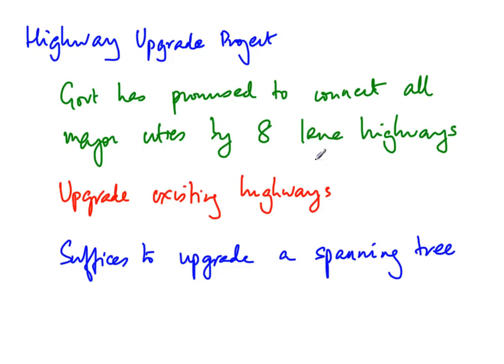So these are two typical examples where you would like to look for a spanning tree from an underlying graph. Now we can add one more variable to the equation. So we can add costs to edges, right? So the cost could be a real cost.